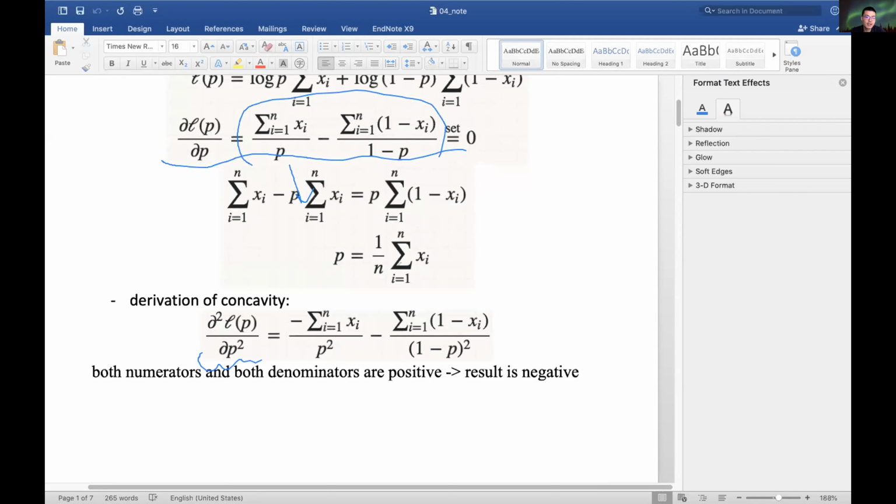Because this thing is constant, we are taking the derivative of this p. This is p to the power minus 1. If we move the minus 1 before, we get minus 1 times p to the power minus 2. So this is really equal to minus p squared, which is why we have the minus p squared here.